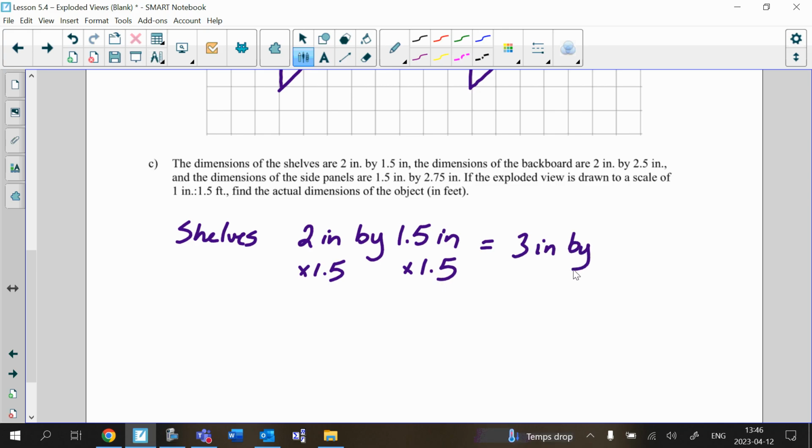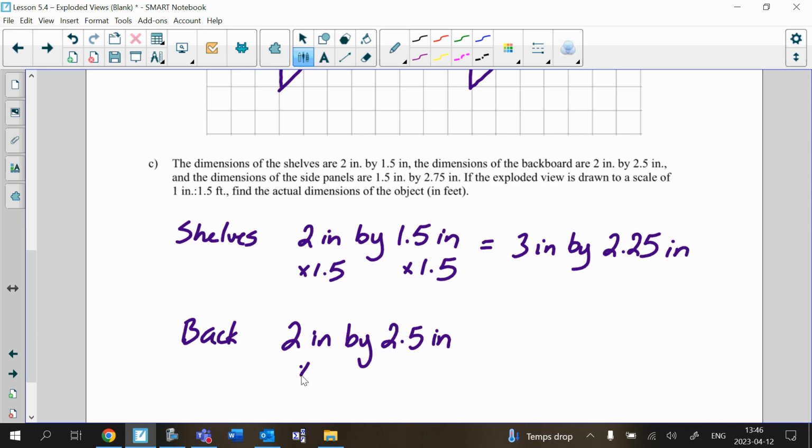The back panel measures 2 inches by 2.5 inches. To find the actual in feet, I multiply each of those dimensions by 1.5, and I get 3 feet by, what's 2.5 times 1.5?